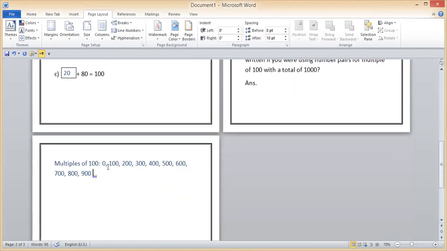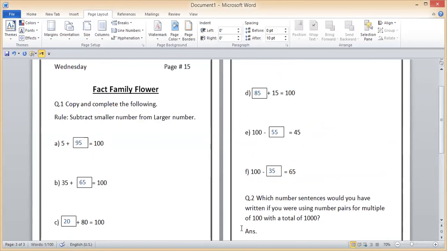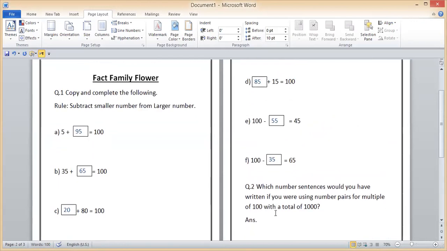I give you one example, like 100 plus 900 equals 1000. This is a multiple of 100 and this is also a multiple of 100. You write the number sentence, finding the pairs of multiples of 100 which give you the total of 1000.